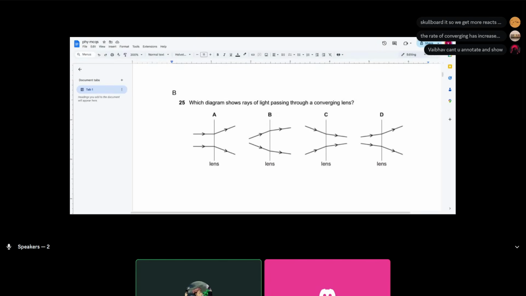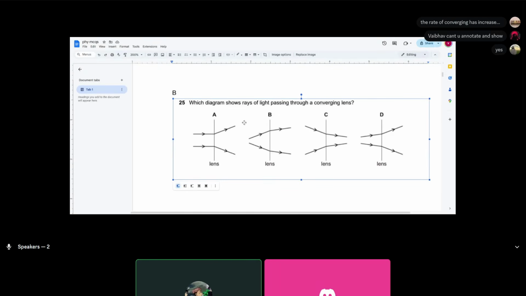I think it's a situation. I don't think there's that option in Google Docs. One second, opening with Paint. Oh god.